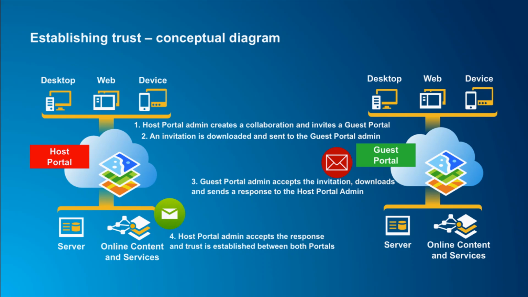Once that is done, the IT administrator accepts that acknowledgement and this completes the circle of trust. So the response invitation and the response files actually contain certificate information that is used to authenticate when the two portals need to collaborate with each other.